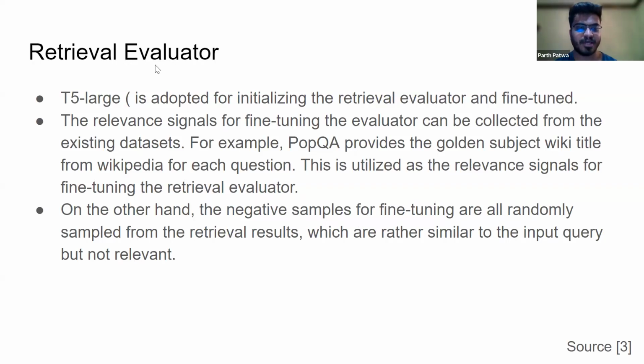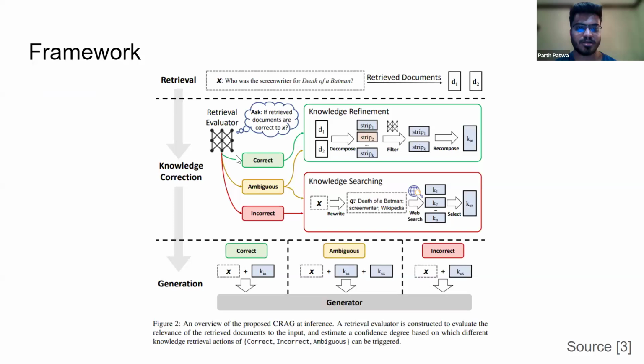The retrieval evaluator is trained in a supervised manner by fine-tuning T5. And this is how their process works. First we retrieve the documents, and then the evaluator tells which document is correct, ambiguous, or incorrect. If it is incorrect, a further enhancement is that they strip out irrelevant passages from the retrieved document, again using the evaluator.